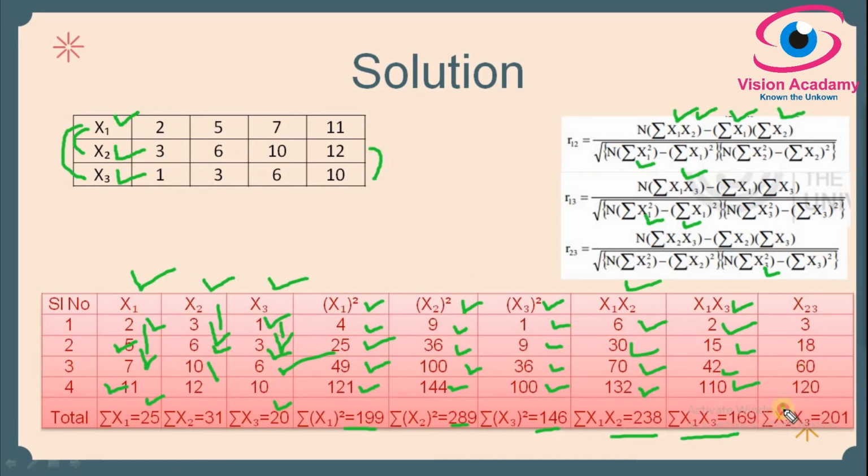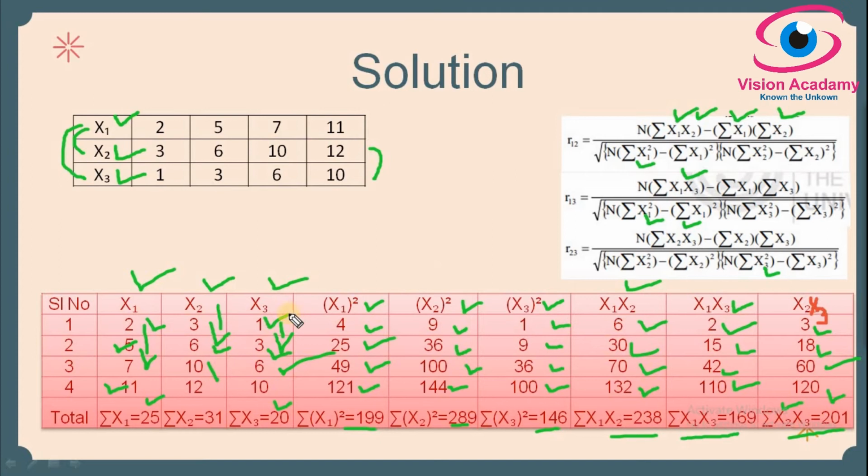So x2 value 3, x3 value 1, 3 into 1 is 3, 6 into 3 is 18, 10 into 6 is 60, 12 into 10 is 120. Summation x2 x3 is 201.